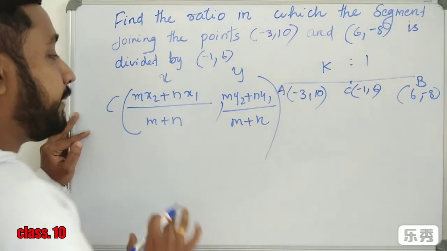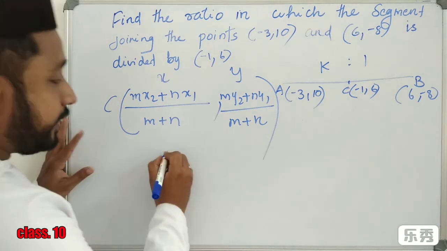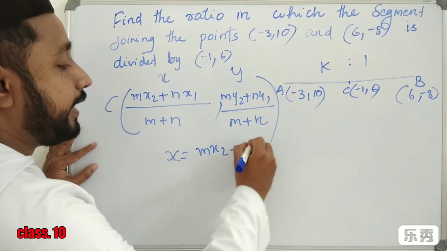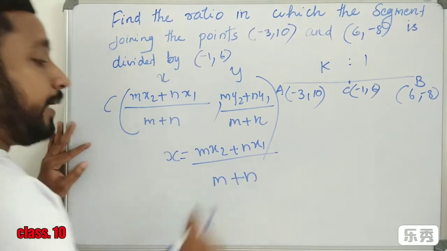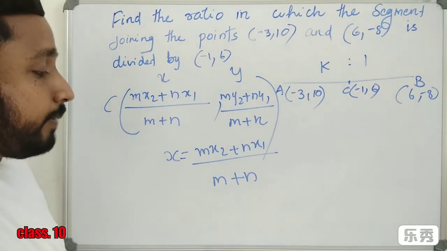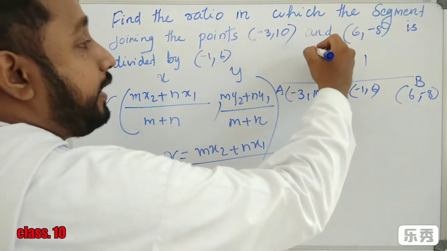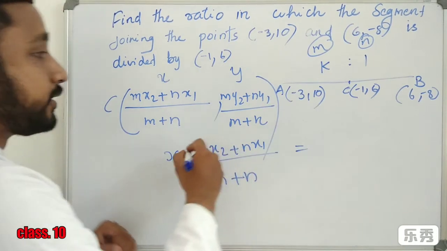x is equal to (mx2 plus nx1) divided by (m plus n), which is equal to, here m is k and n is 1. So m is k, that is kx2.